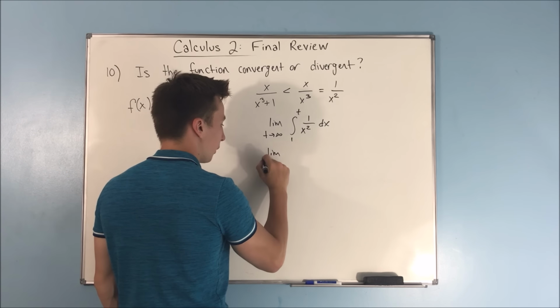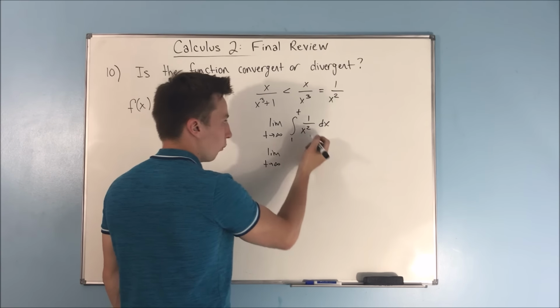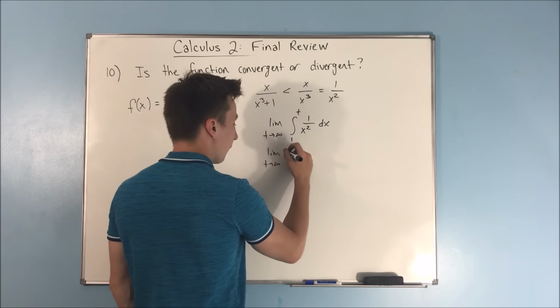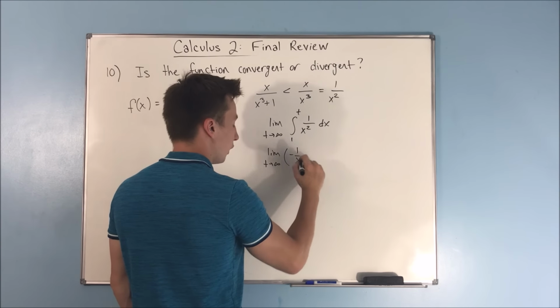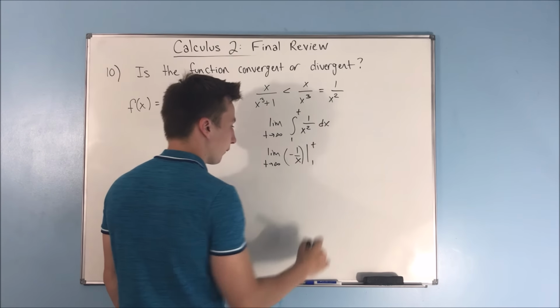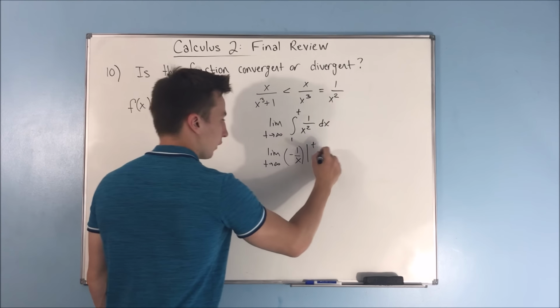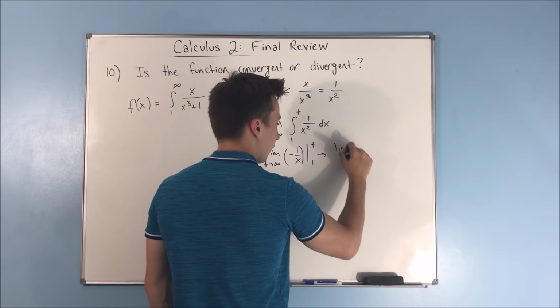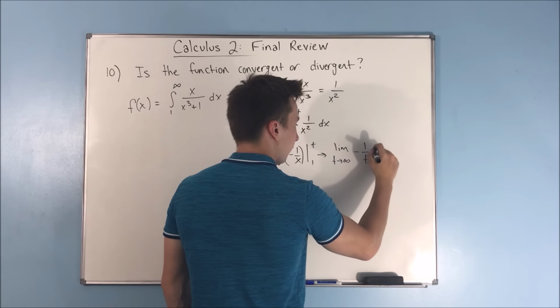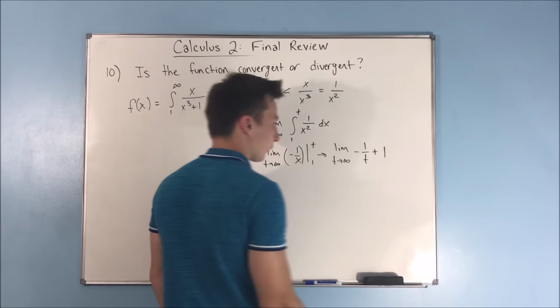We have the limit as t approaches infinity of, integrating this, we get negative 1 over x. We've done the integral enough in this video. Negative 1 over x, and we're going to evaluate that from 1 to t. That gives us the limit as t approaches infinity of negative 1 over t plus 1.